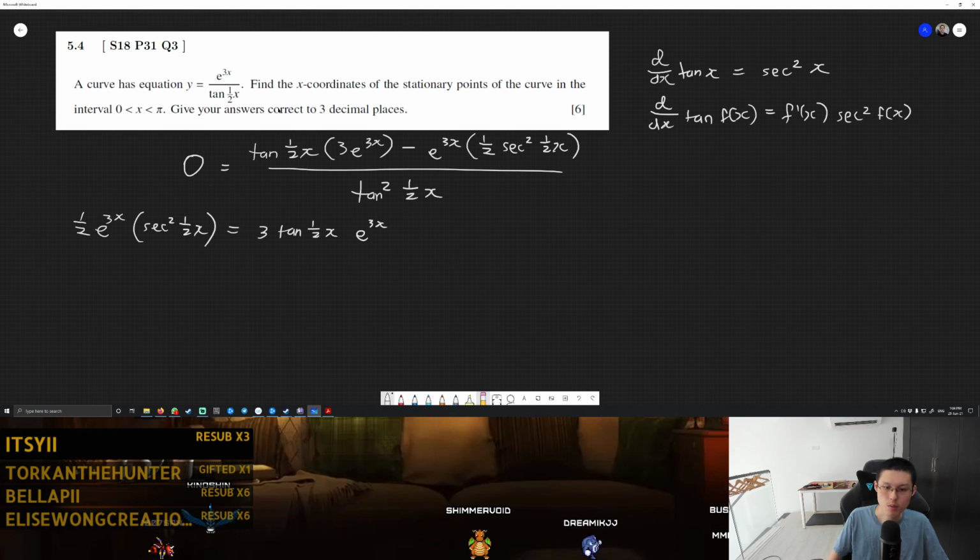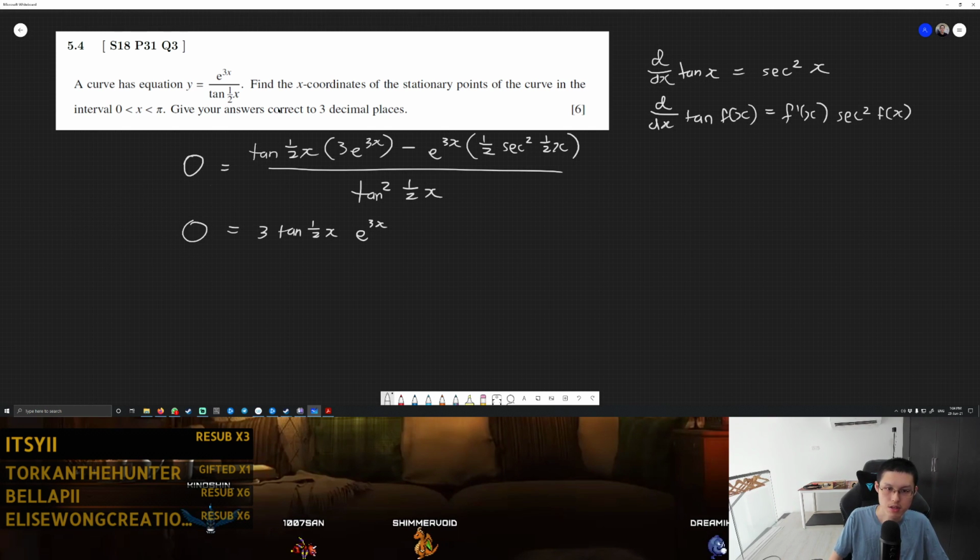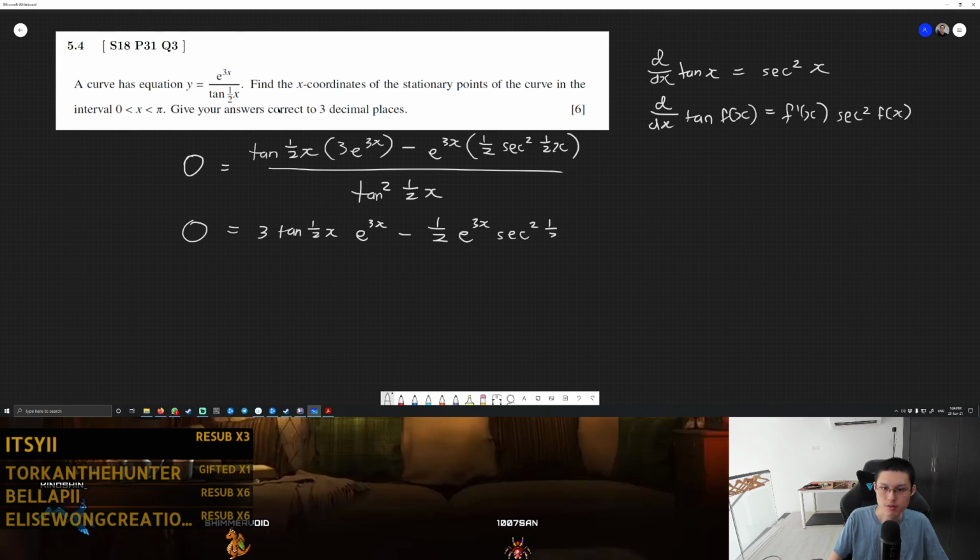Oh wait, actually, what we should have done is put 0 here, and then minus 1/2 e^3x secant squared (1/2 x).